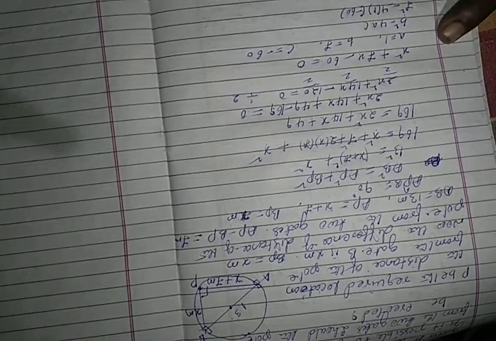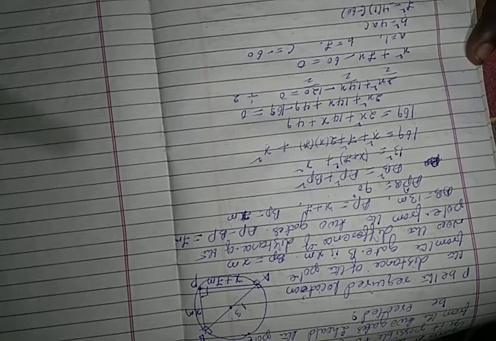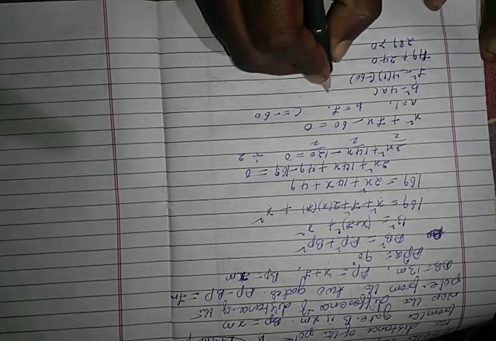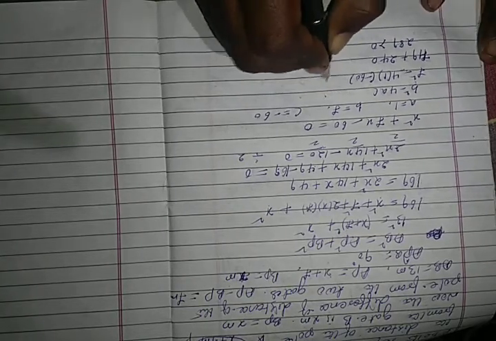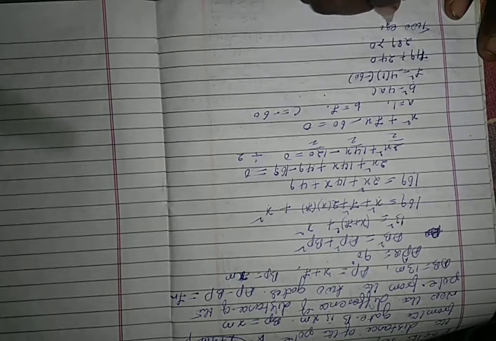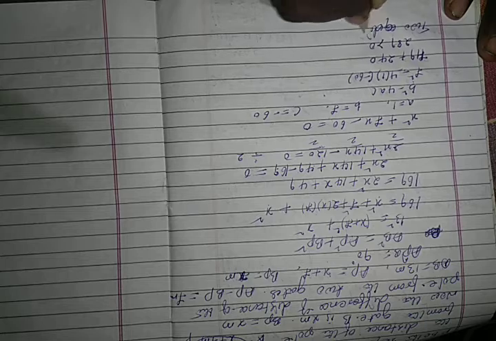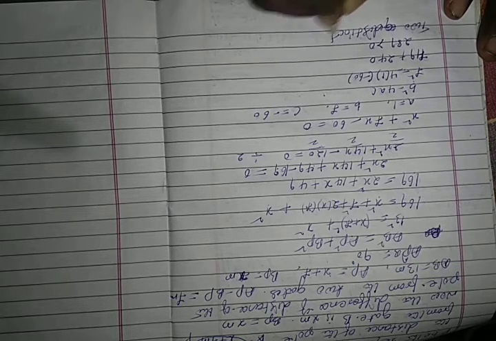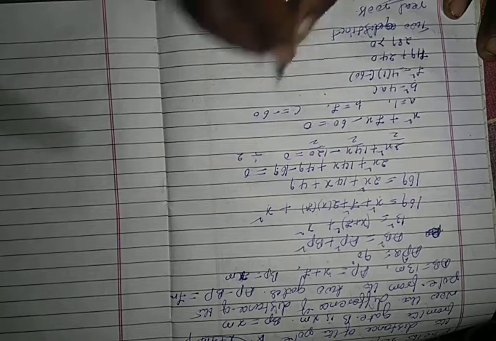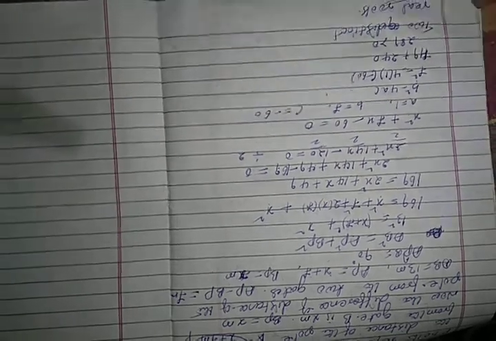So 289 is greater than 0. So the discriminant being greater than 0, the roots are distinct and real.